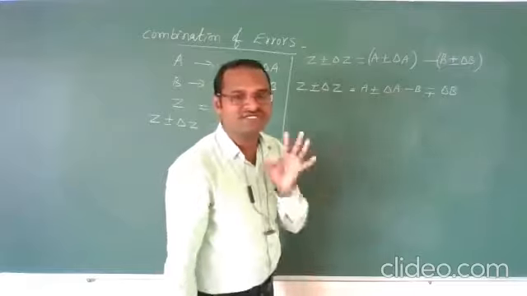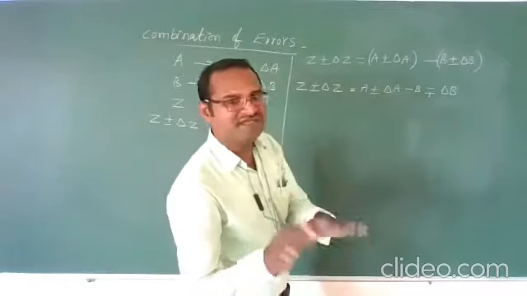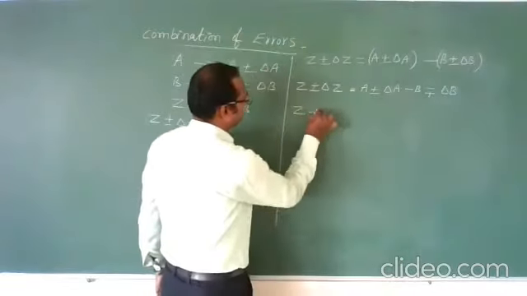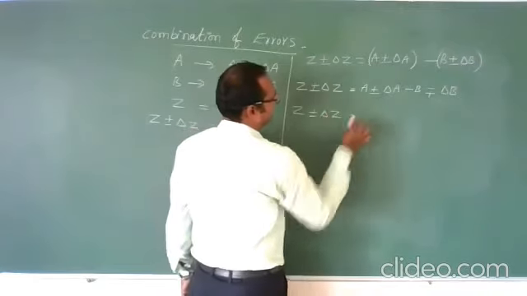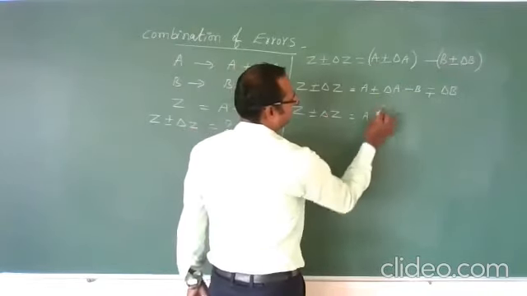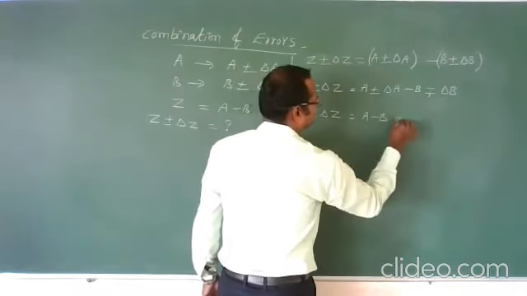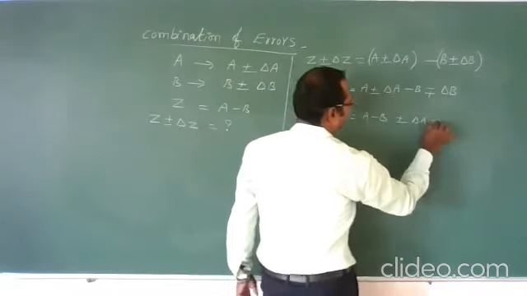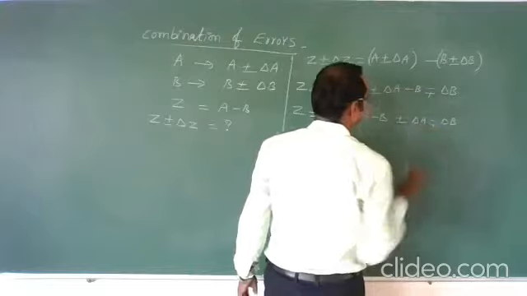I have just written it like that to understand. So Z plus or minus delta Z can be written as A minus B, plus or minus delta A, minus or plus delta B.